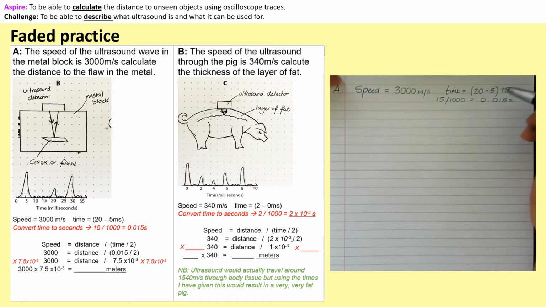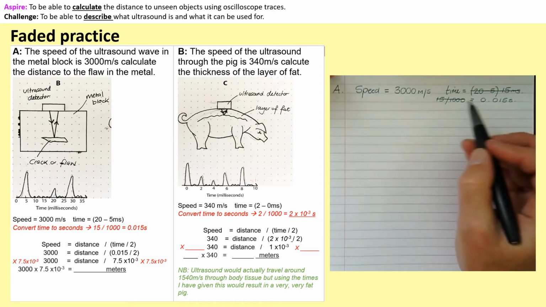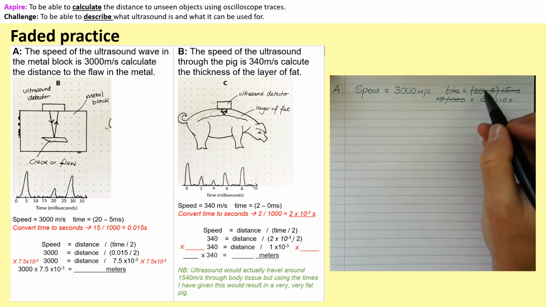Now what I like to do here is cross out all the values that I've got for time that I'm not going to be using, because when I'm doing the calculation, I'm just very quickly looking back to see what numbers I need to substitute in. If I've got multiple numbers here, in the pressure of an exam, I might accidentally put the wrong one in.